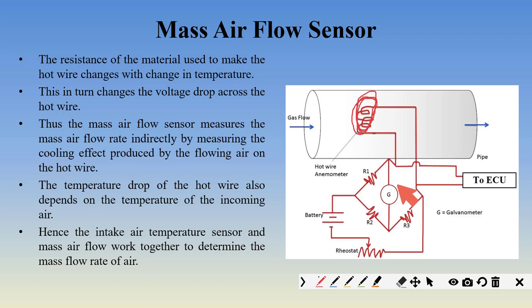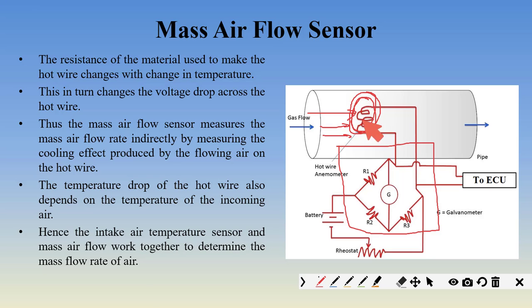In this case we are using a galvanometer and this Wheatstone bridge to measure, but you can also use a simple voltage divider circuit. Basically, this entire circuit is used to measure the change in resistance of this wire. Why is the resistance changing? Because of the airflow. The more the airflow over the wire, the more the temperature drop.